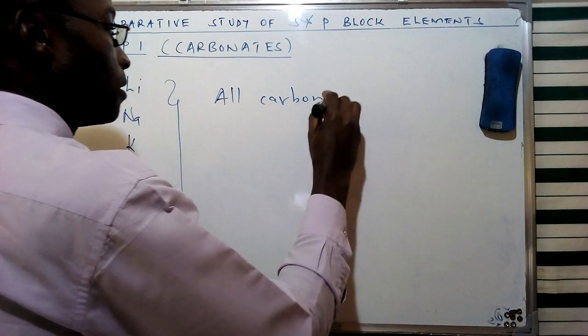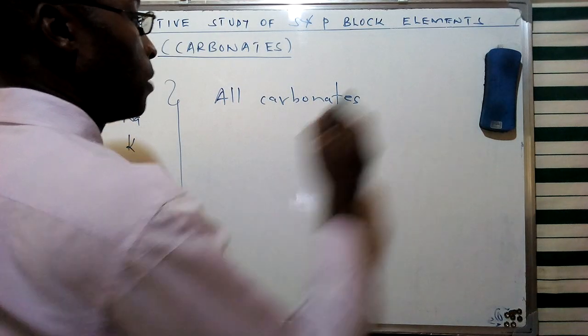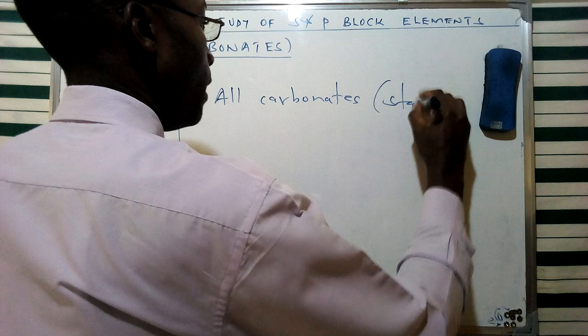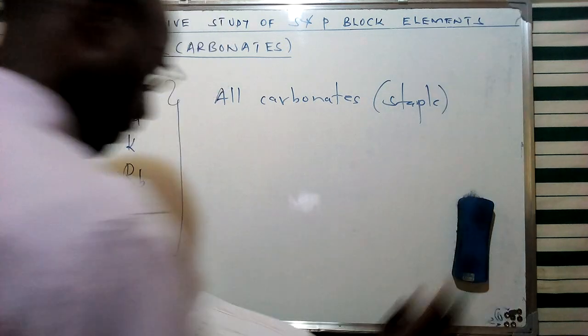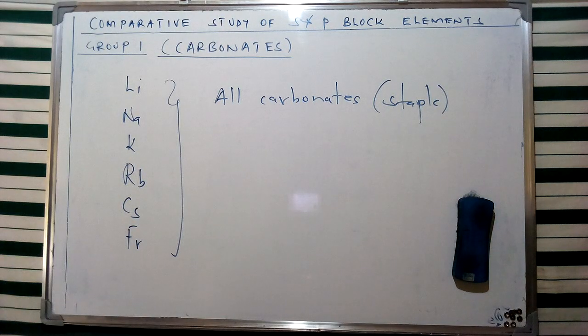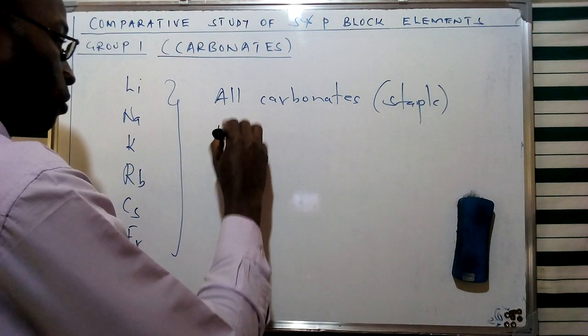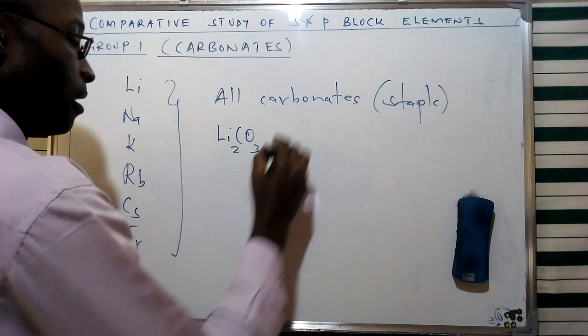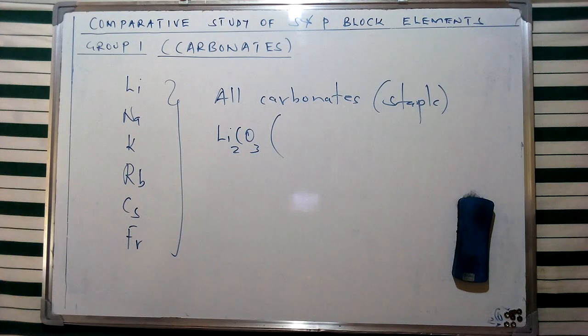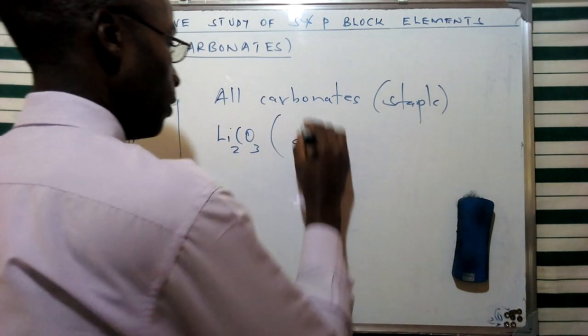The carbonates of these specific group 1 compounds are going to be stable, but we're going to see that for the case of lithium carbonate, this is going to display a very unique property, which is going to be given as a diagonal relationship.